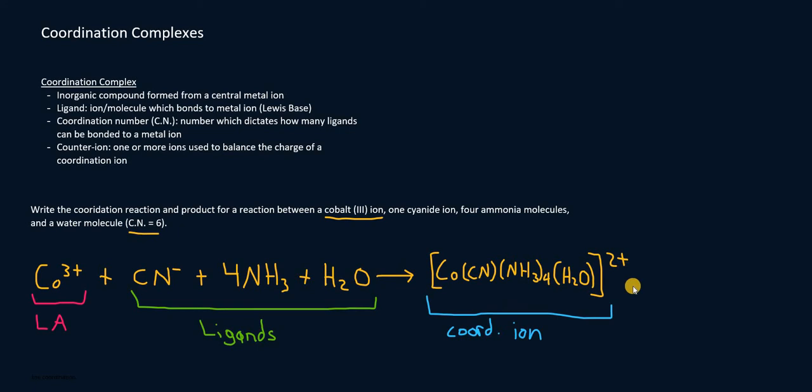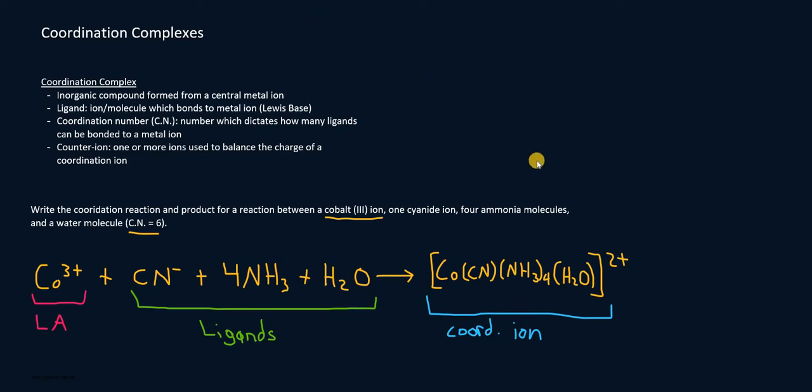So we're going to need some counter ions to balance this charge. And like I said before, it's up to you which counter ions you choose. The only rule is they have to add up to balance the overall charge of your coordination ion. So if our charge is +2, that means we need a total of -2 to balance the charge.